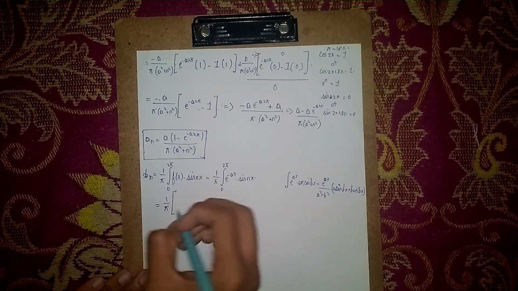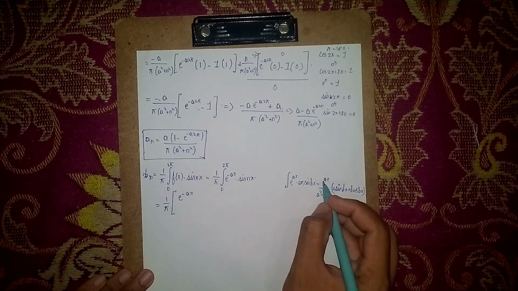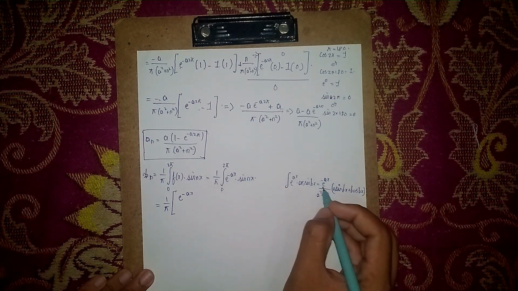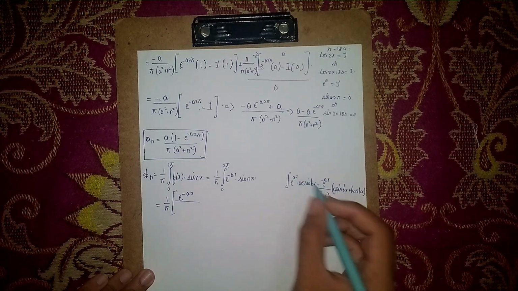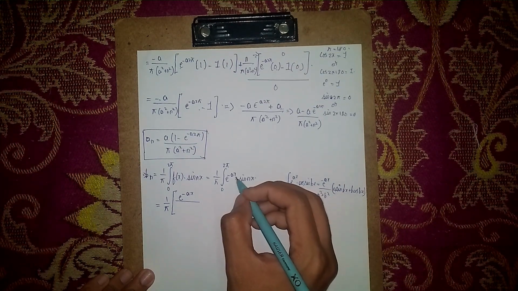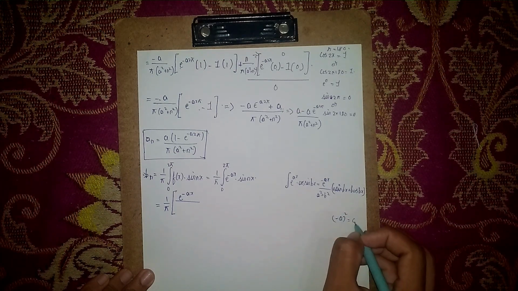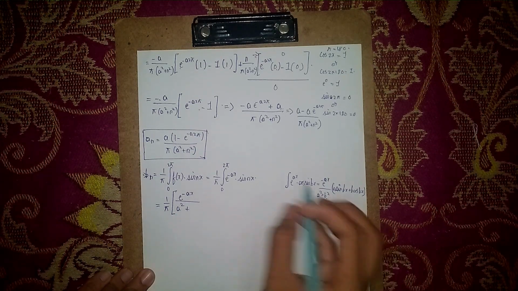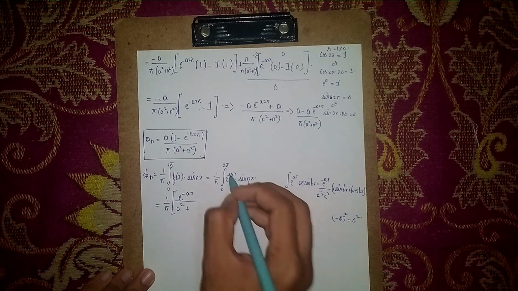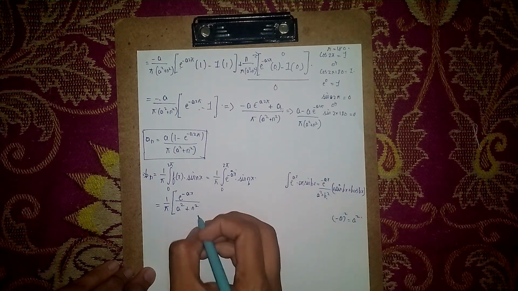So it becomes 1 by pi outside, then open the square bracket, e power minus ax. Instead of a in this formula, you have to substitute minus a, since the question has minus, that's why. Only substitute the minus here. For a square, minus a square becomes, minus times minus is plus, a square. So it becomes a square plus n square, where b is n.